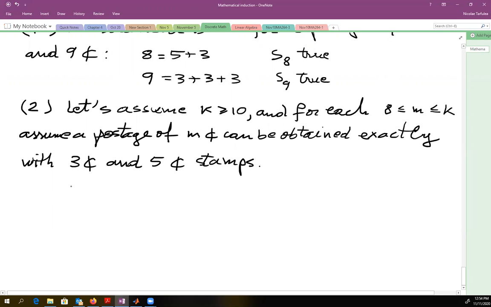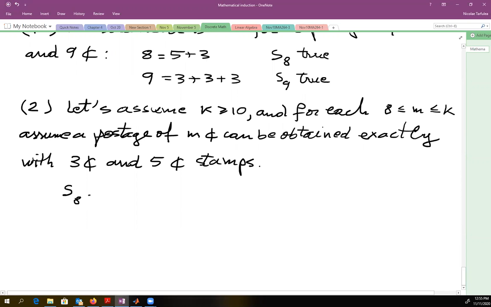In other words, we assume that S8 is true, meaning that a postage of 8 cents can be covered by stamps of 5 cents and 3 cents. We saw that 5 plus 3 is 8.